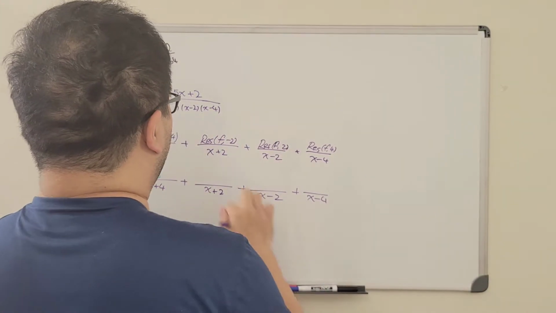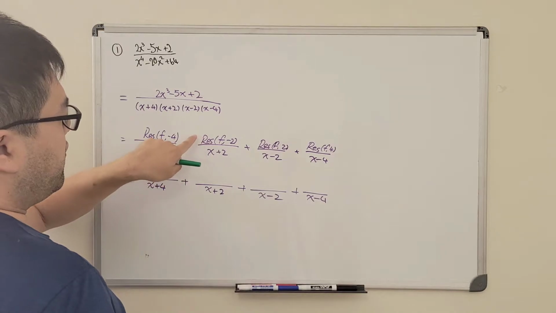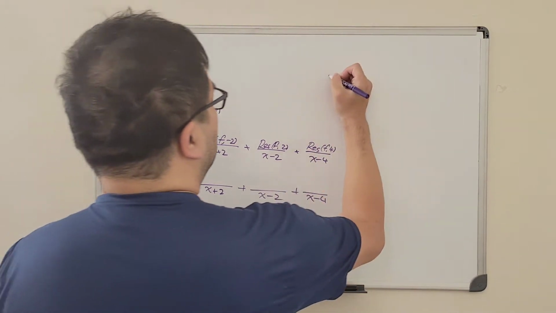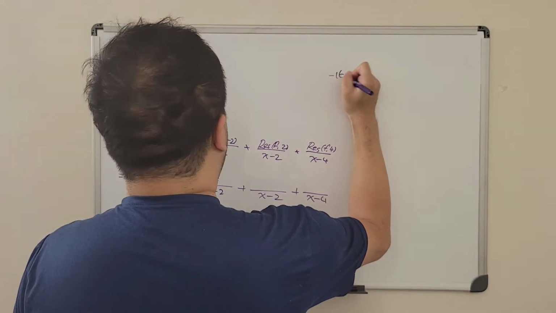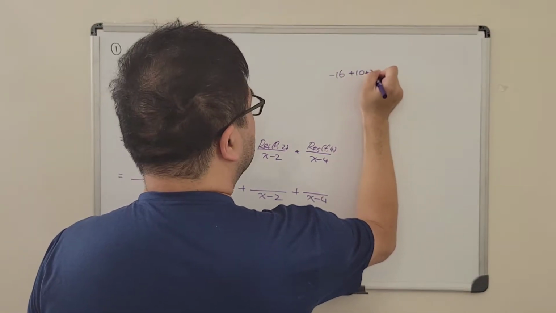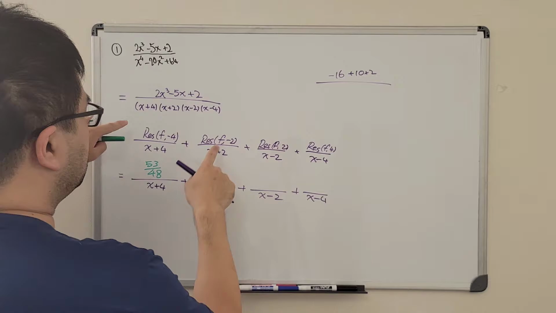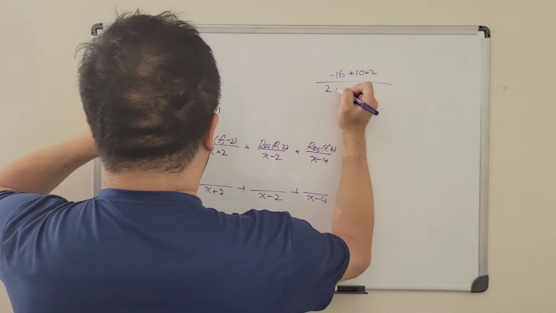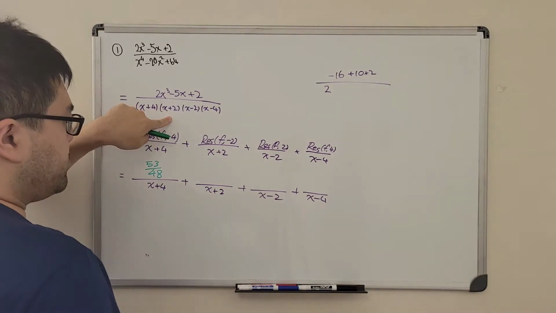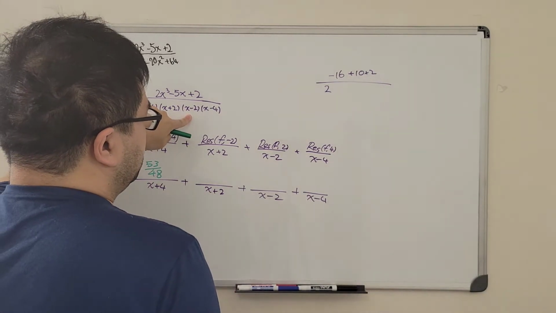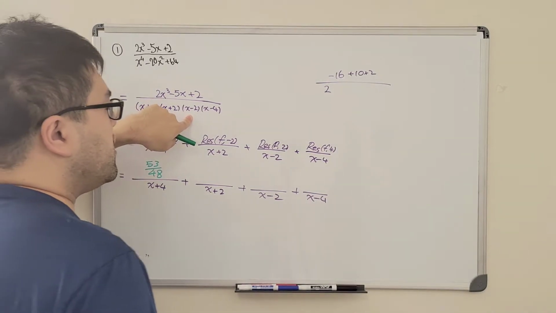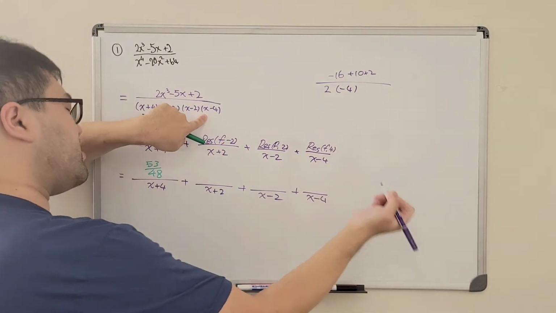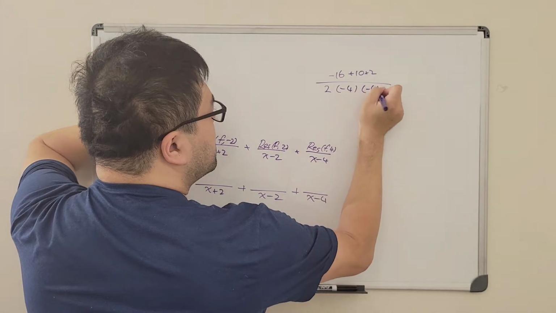For the residue of the function with respect to -2, we get -16 plus 10 plus 2 all over... Now let's see, here we have -2 plus 4, which is 2. The plus 2 term is cancelled out, so we move on to the next one. -2 minus 2, which is -4, and the last one we have -2 minus 4, which is -6.